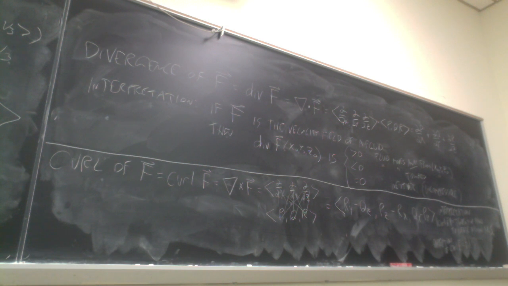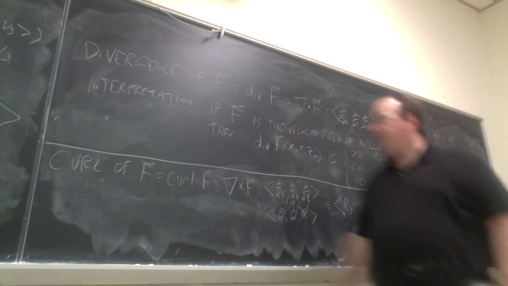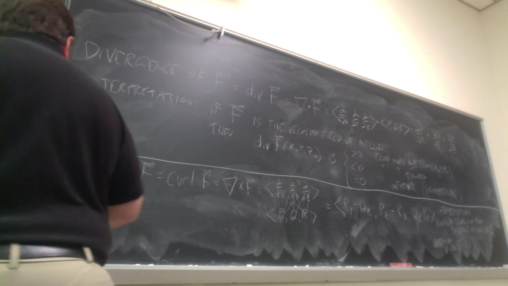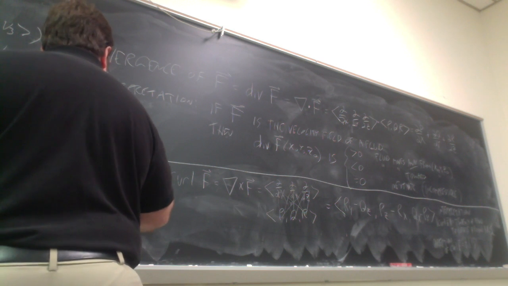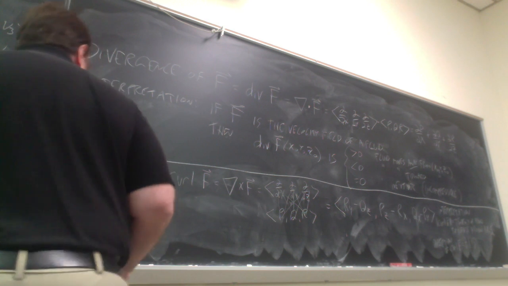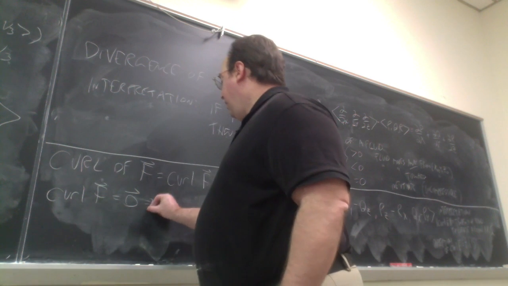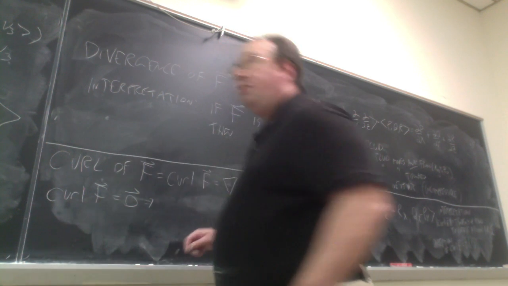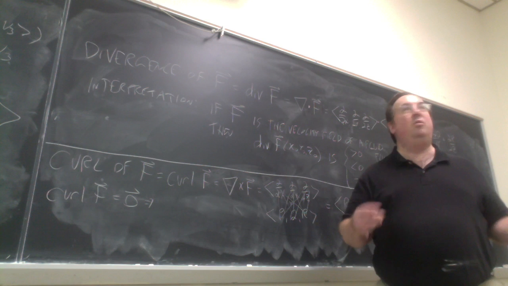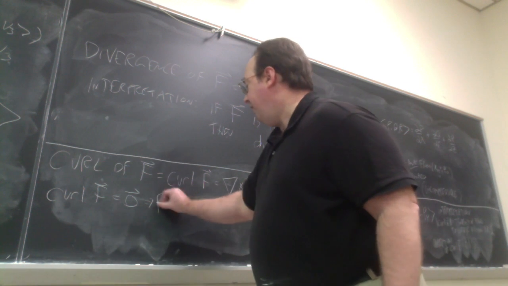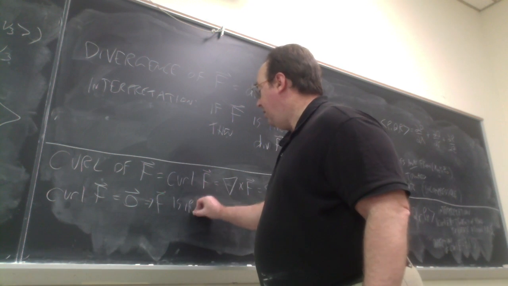Now, one case of interest: I talked about what happens if the divergence is 0. What about the curl? If the curl of F is the 0 vector, that means that there's no axis of rotation whatsoever. So we say that F is irrotational.